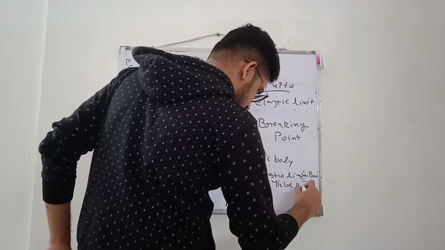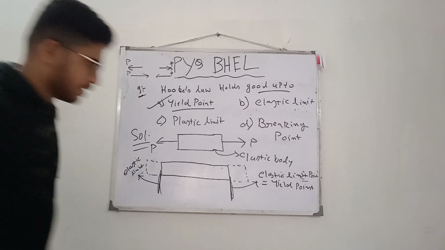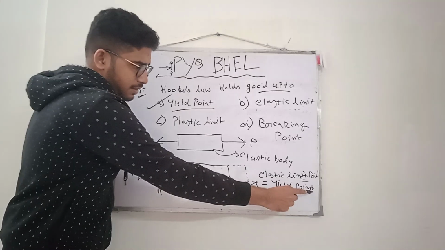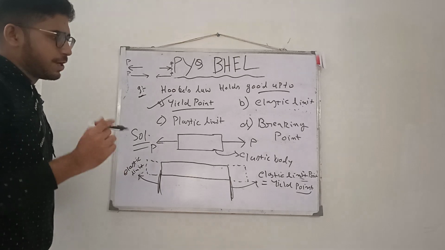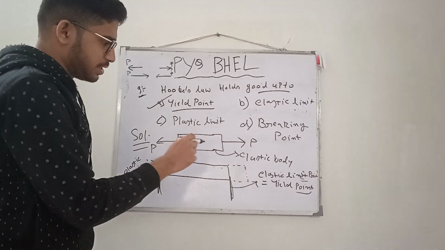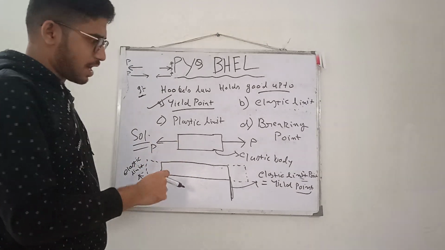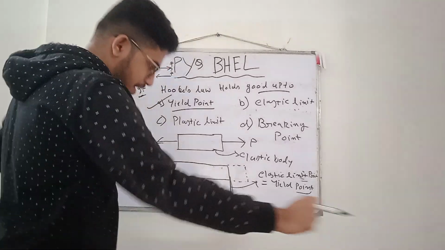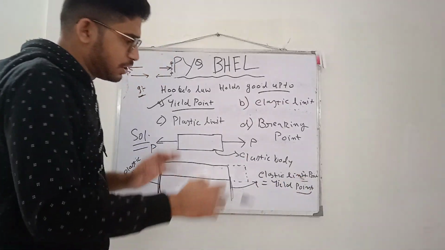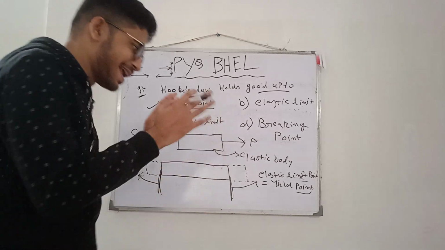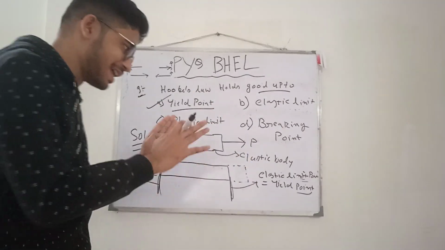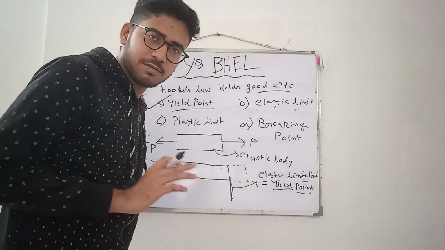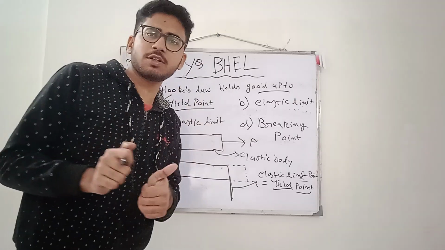When the metal goes to the yield point and we try to extend it more, it will lose its elasticity. That is the function and also the definition of yield point. I hope you all understood.